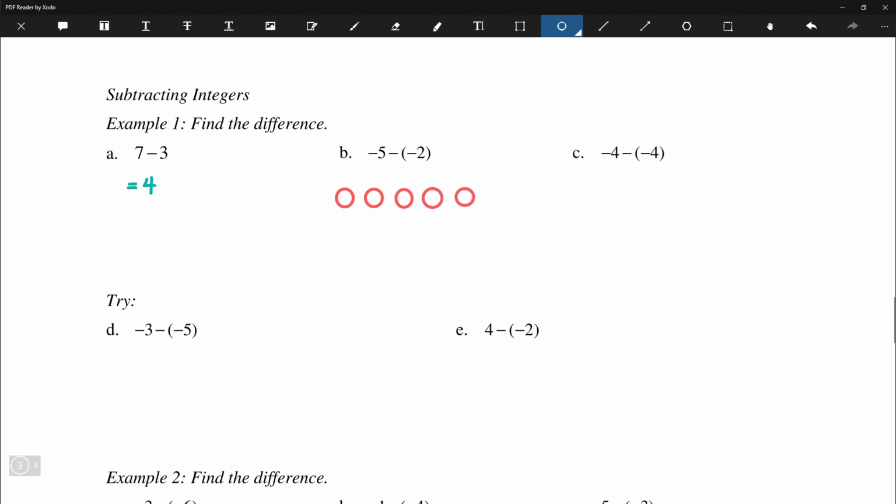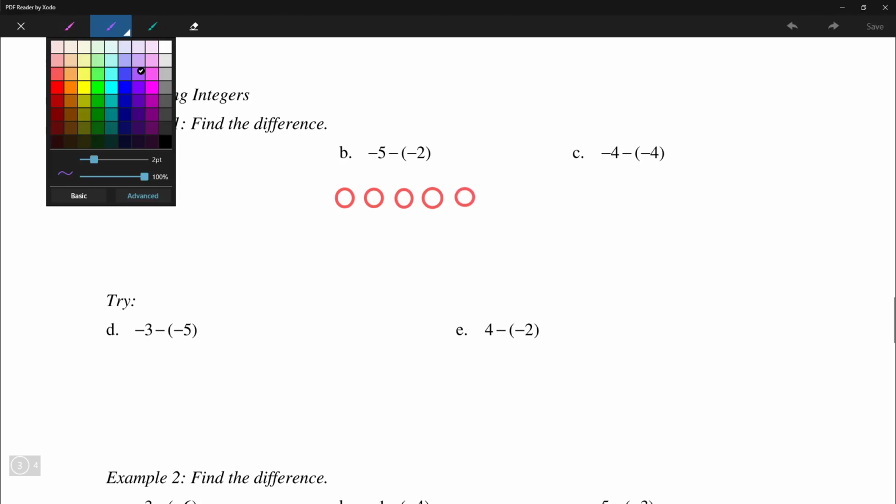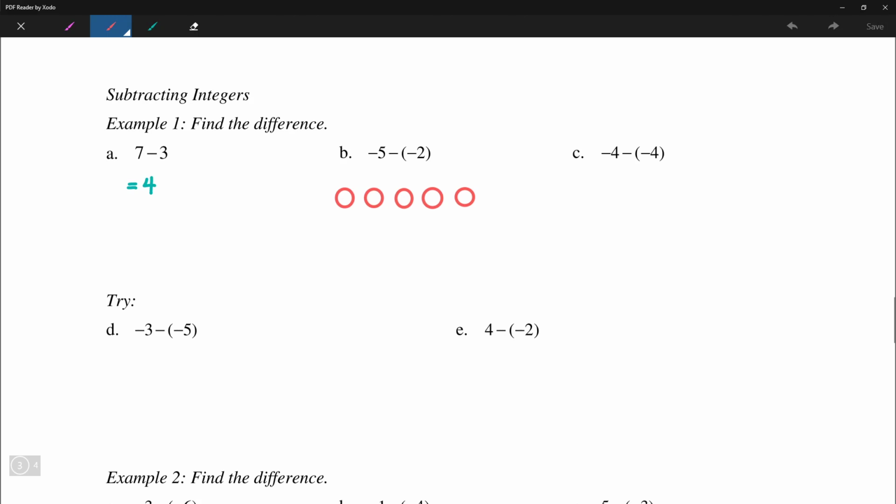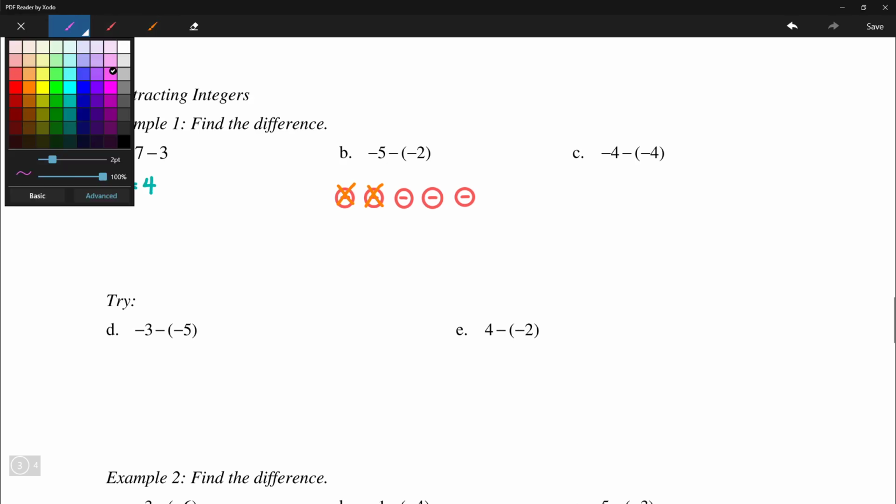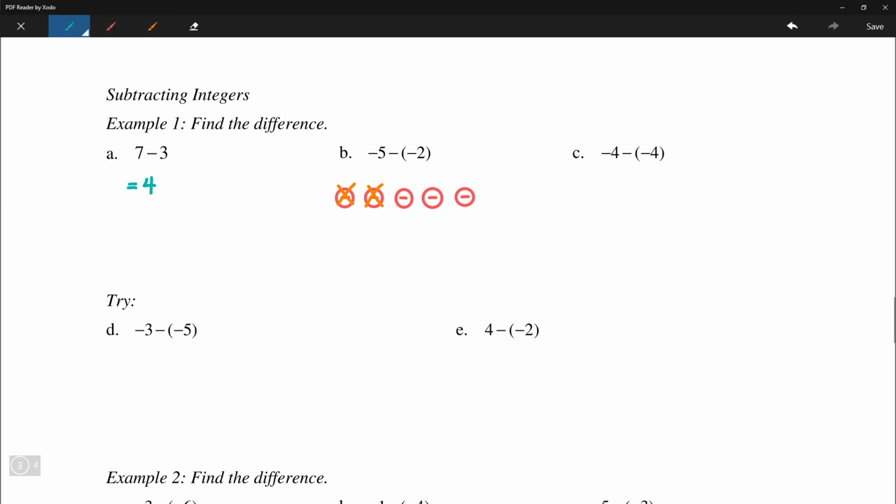So here we are. 1, 2, 3, 4, and 5. And then we are going to subtract negative 2, which really just means to take away negative 2. So here's a negative 1, negative 2. And notice that we are left with 3 negative 1 counters. So the difference is going to be negative 3.